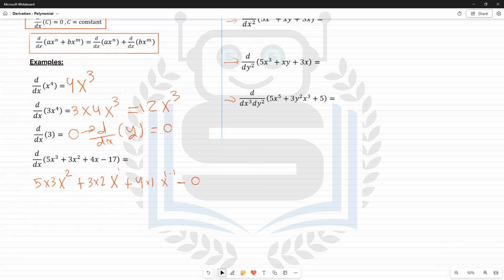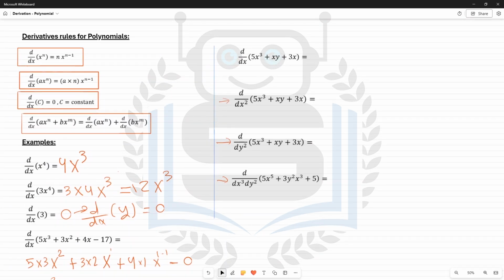So then that will be 15x squared plus 6x plus 4, because x to the power of 0 will be 1. Okay, so this is the answer here. 15x squared, so 3 times 5, 15x squared, 2 times 3, 6x, and plus 4.